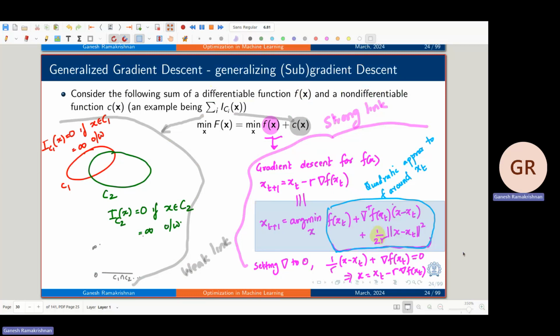As some of you pointed out, it could also be the optimal minimizer of the function f. But for the time being, let's say that xt plus 1 is viewed as argmin over x of f of xt plus the dot product of gradient at xt with x minus xt and 1 over gamma times x minus xt squared, right? So this is what gives you the gradient descent solution.